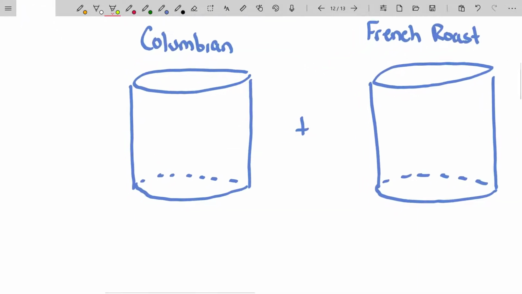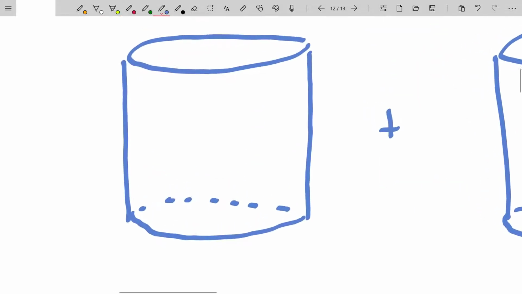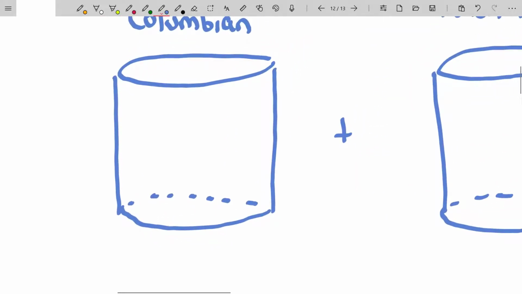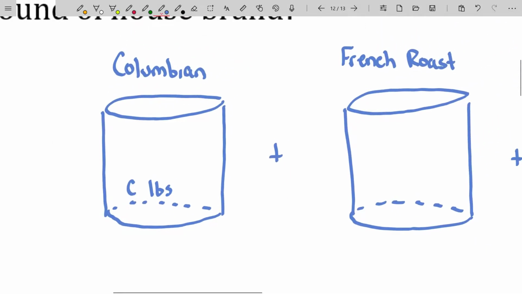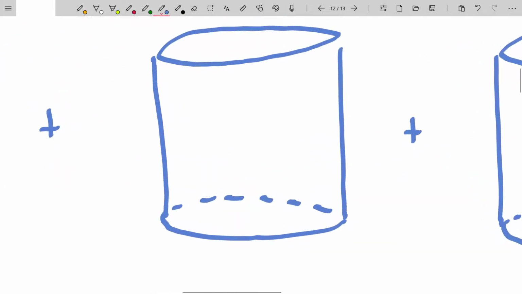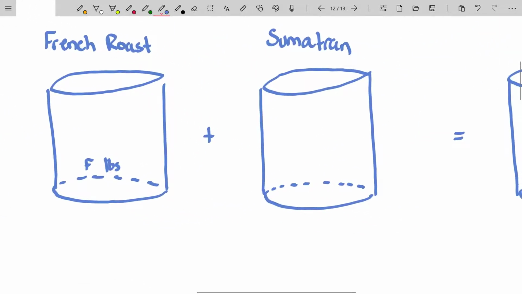And since we don't know how many pounds we're going to put together per coffee, that's our unknown. So we're going to let C be the number of pounds of Colombian coffee. We'll let F be the number of pounds of French roast coffee, and S be the number of pounds of Sumatran coffee.